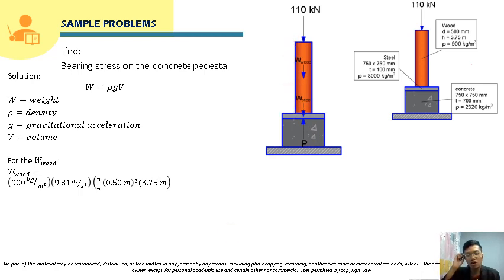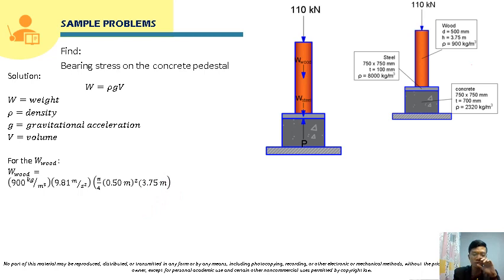The area of the cross section is pi over 4 diameter squared. We have to be consistent with our units, so the diameter should be in meter. The given diameter is in millimeter, so convert that first to 0.50 meters. Again, pi over 4 diameter squared times the height of the wood, which is 3.75 meters.